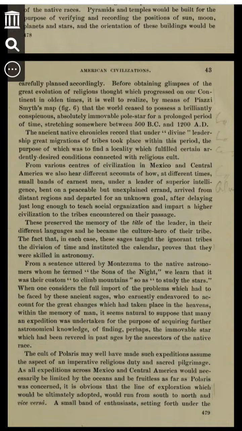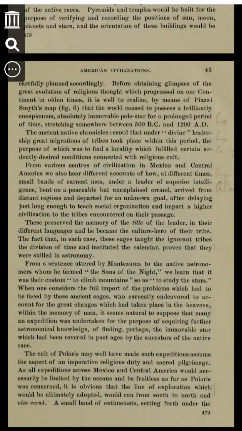The code of Polaris might well have been made. Such expeditions assumed the aspect of an imperative religious duty and sacred pilgrimage, as all expeditions across Mexico and Central America would necessarily be limited by the oceans and be fruitless as far as Polaris was concerned.